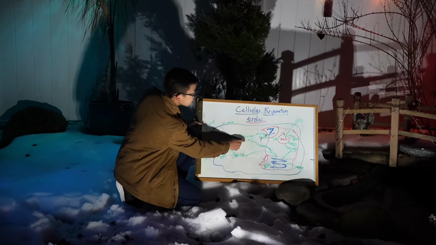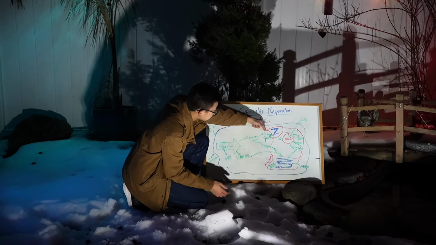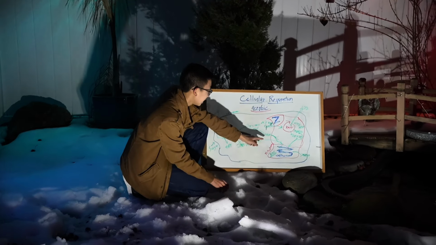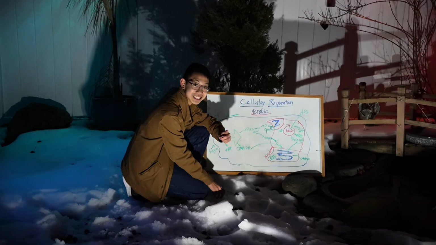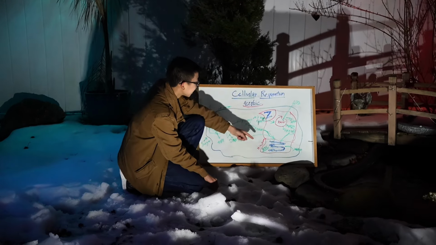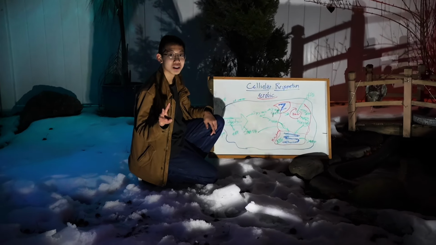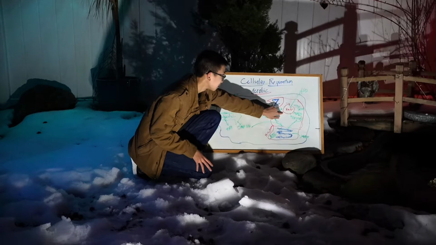Then it also produces 2 NADH, not NADPH, which is what photosynthesis makes, and also 2 pyruvic acid. Now, these 2 pyruvic acid go into and split to 2 acetyl-CoA and 1 NADH. Caught myself there. This 2 acetyl-CoA goes into the second step of cellular respiration, right here, the Krebs cycle.